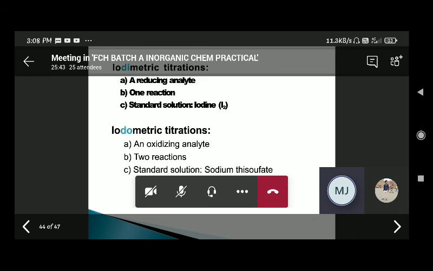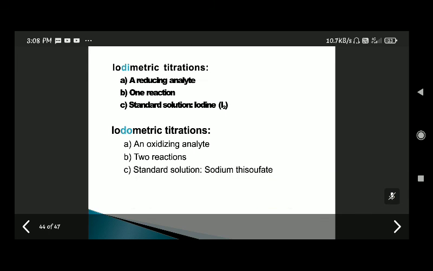What is the redox potential? Just like we have discussed pH dependence in acid-base titrations, here the titrations are dependent upon the redox potential of the system. So you can mention the Nernst equation also.